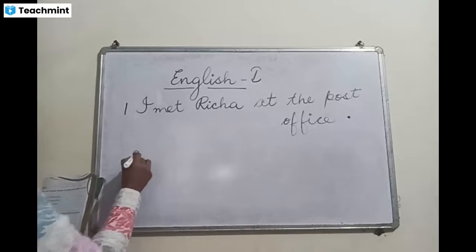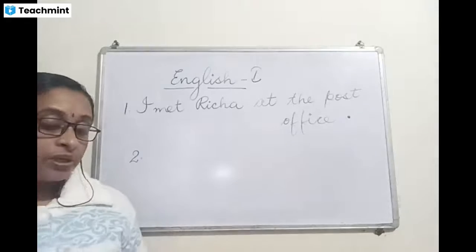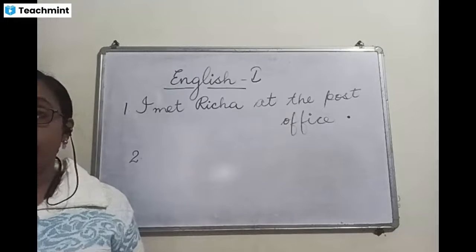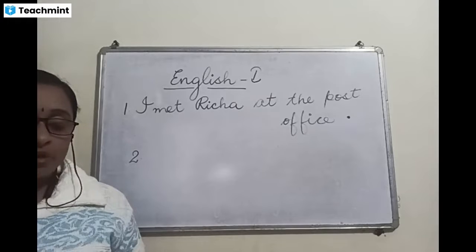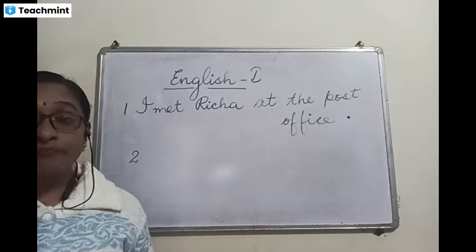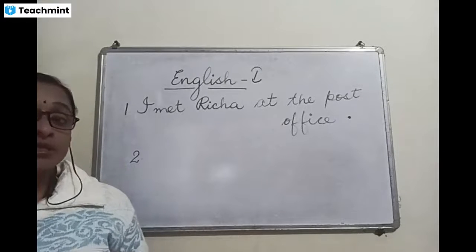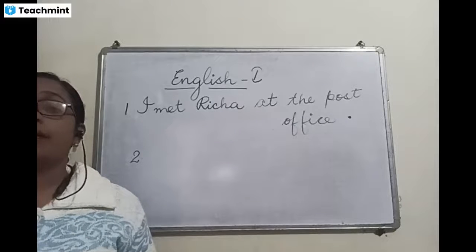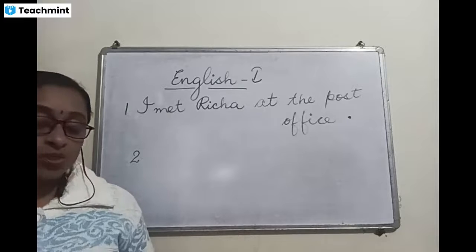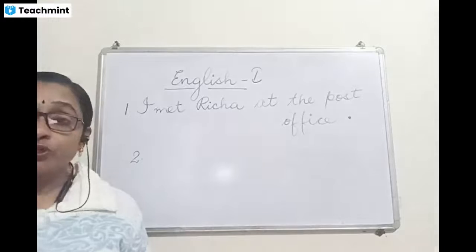Now we are going to write number 2. Read. Sarita is an old friend of mine. What is the meaning of that? My one old friend, her name is Sarita. What is the name of my old friend? Sarita. Sarita is the name of a girl. So S should be a capital letter and last full stop.